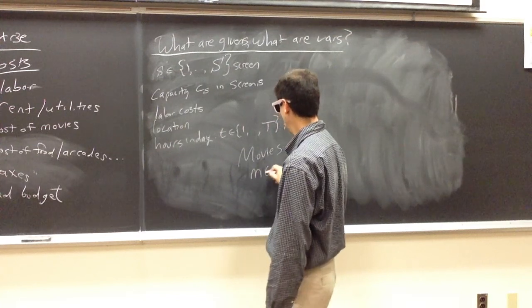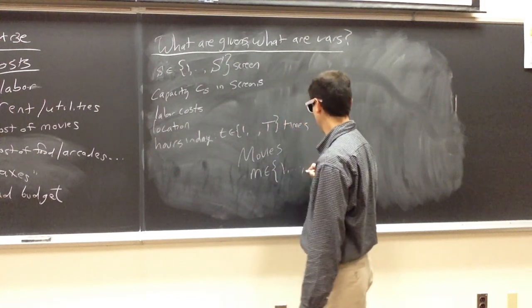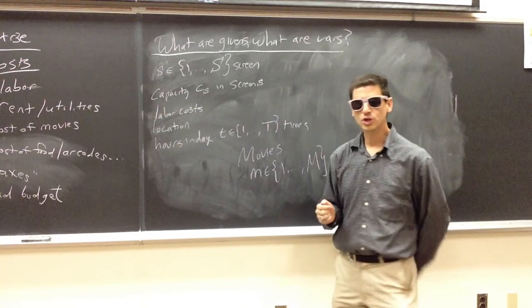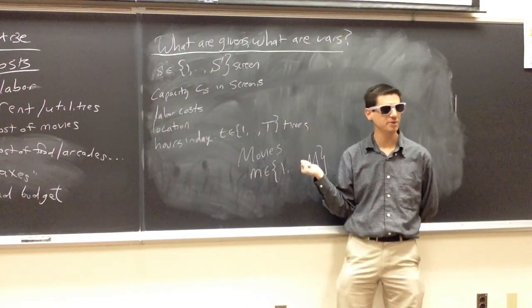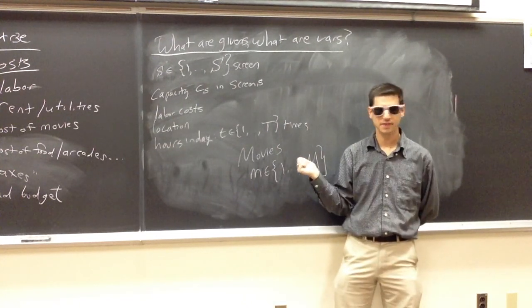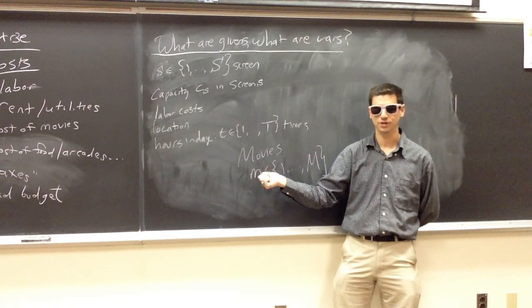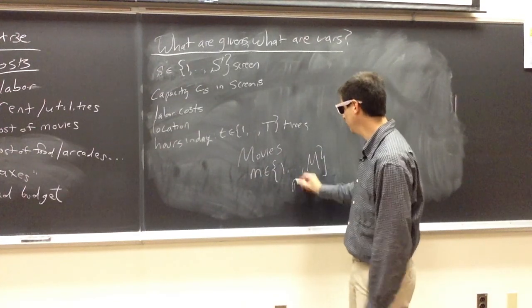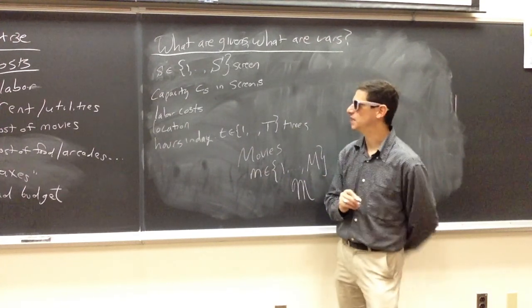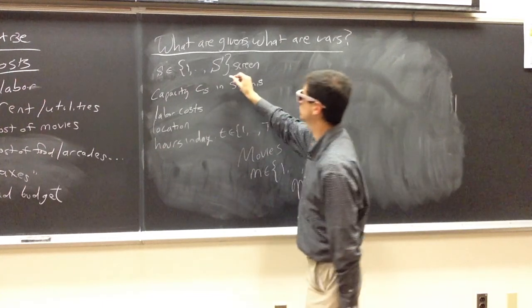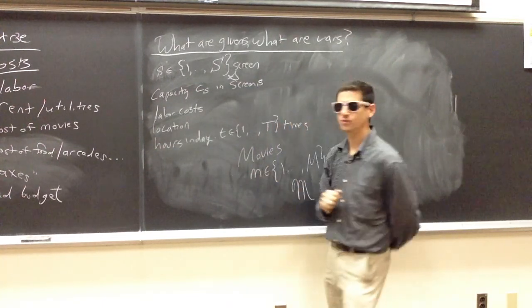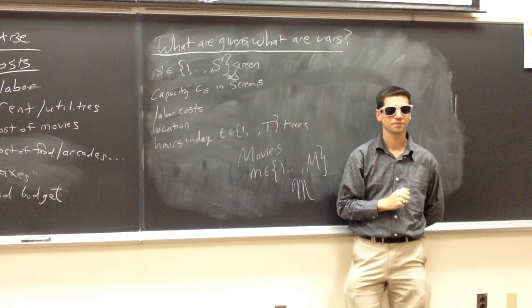So that would be M goes from, so I like to use big letters for the final element of my set, and then lowercase letters for the individual elements. If I want to give the whole name to that set, I might use a script M for that set, or maybe a script S for the screens there, just to give some names.